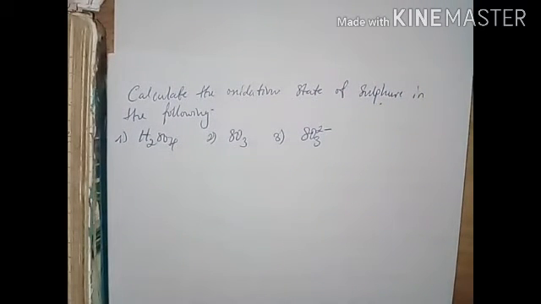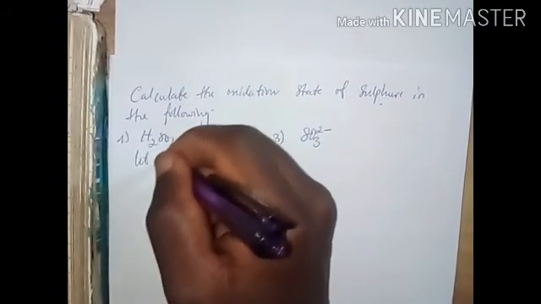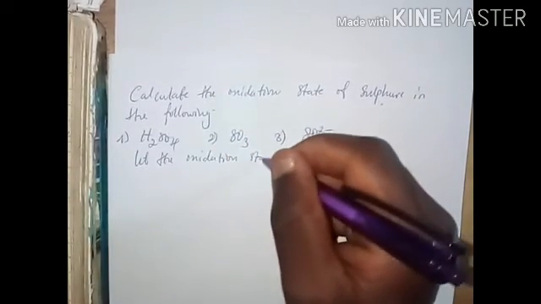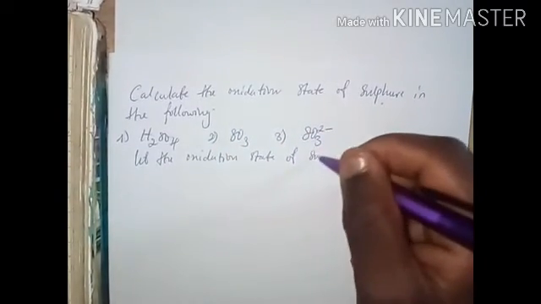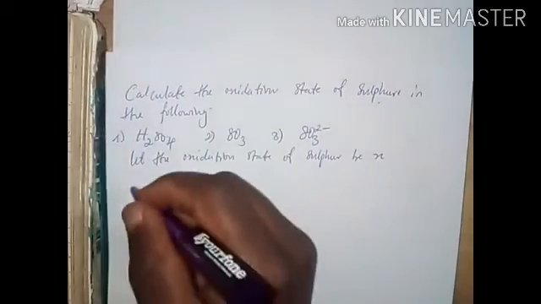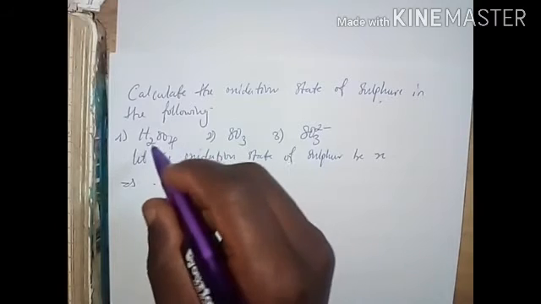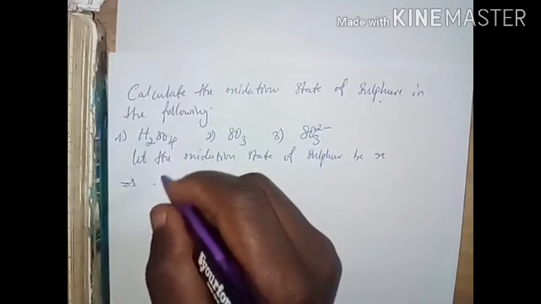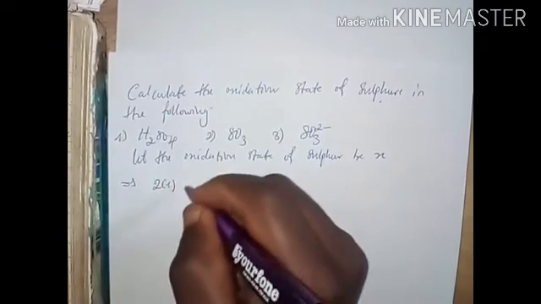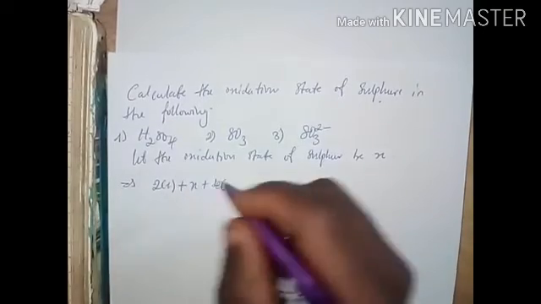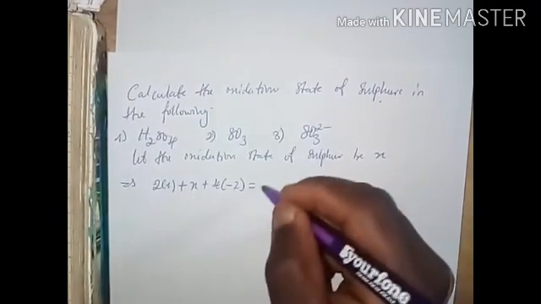Now in these cases, what do we say again? We say let the oxidation state of sulfur be X. So in the first case we imply that since there are two hydrogen, for hydrogen is +1 in the covalent compound, so we have 2 times 1 plus sulfur is X plus 4 times oxygen is -2 should be equal to 0.